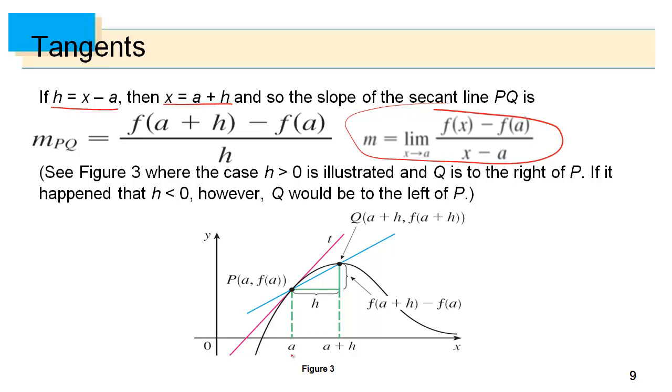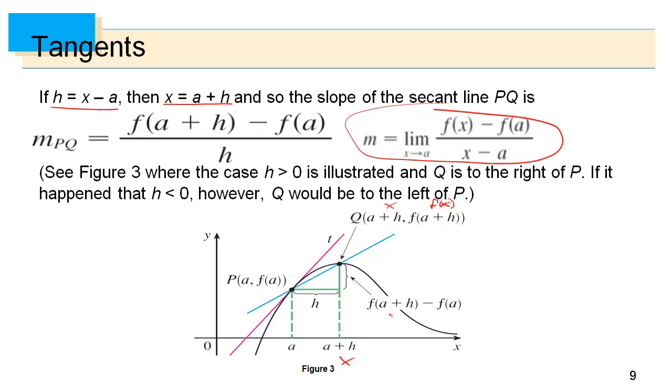So remember, originally this point here was just a and f of a, and we let this be x originally, right? And so this was x and f of x. And so this distance here was the difference between f of x and f of a, right?